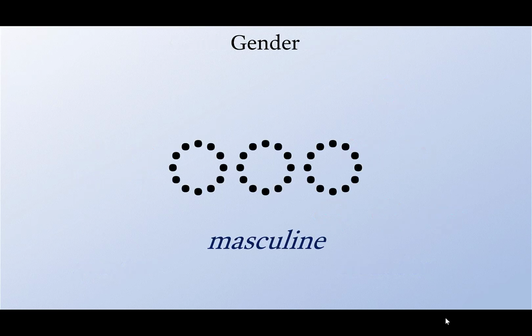Now, regarding gender, the basic form of nouns, and this is true of languages that have gender in general, the basic form is masculine. And so on the screen, I have three notional consonants, just whatever those root consonants happen to be. And there are no prefixes, suffixes, infixes, any sign that this has some special designation of gender.